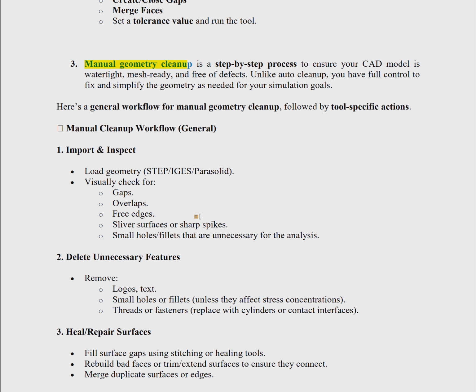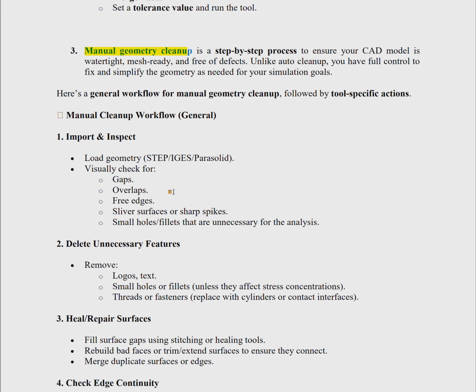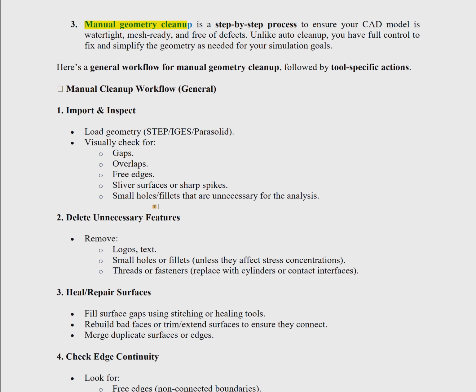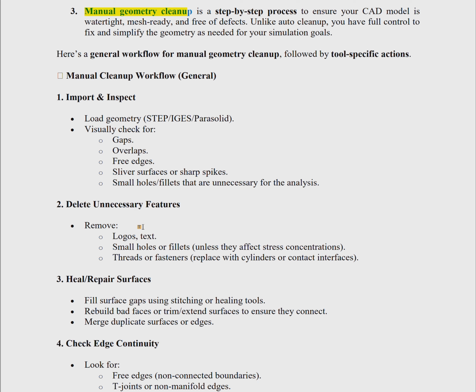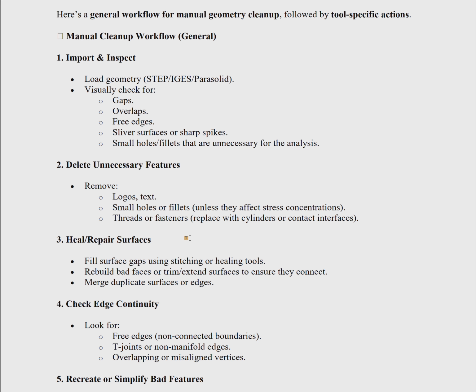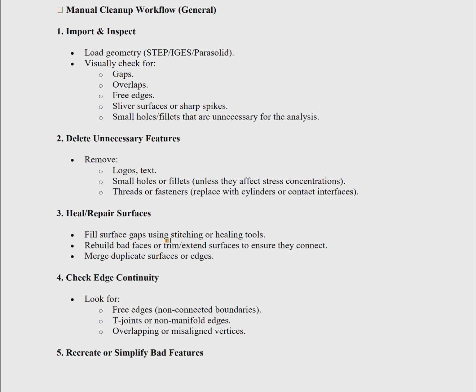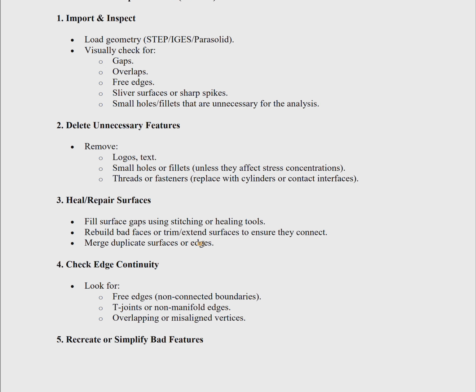for manual cleanup, like import and inspect. You can import and inspect the geometry, like visual inspection for gaps, overlaps, free edges, and you can also delete unnecessary features from the geometry like logos and text, and you can heal and repair the surfaces, fill the gaps, and stitch the surfaces.